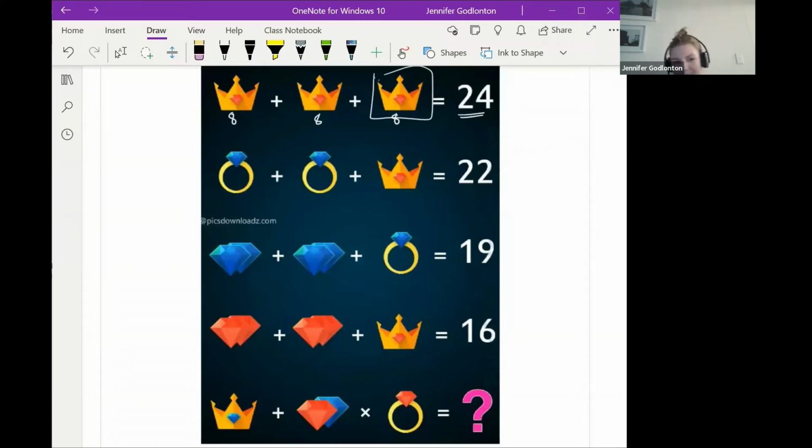No, no. 33, no. The ring with the blue diamond is 7.